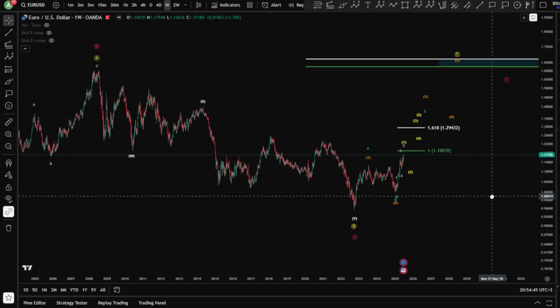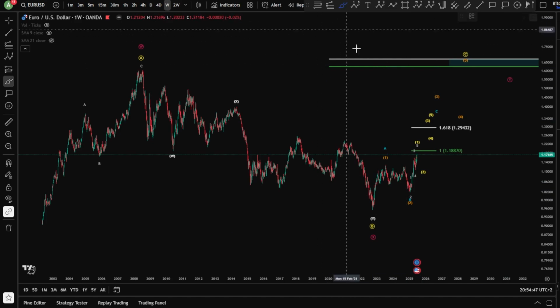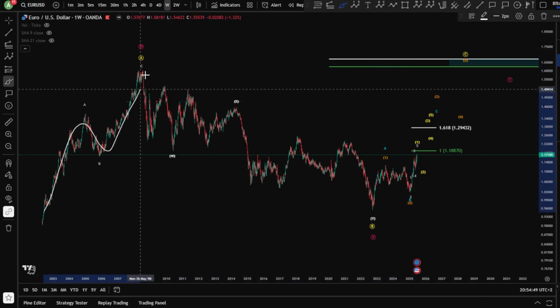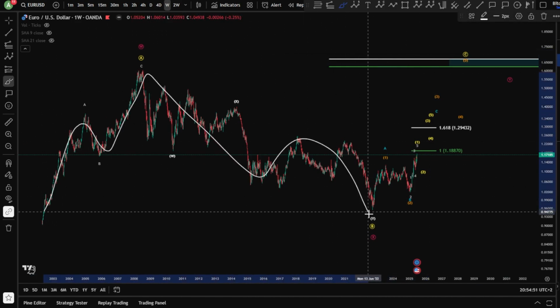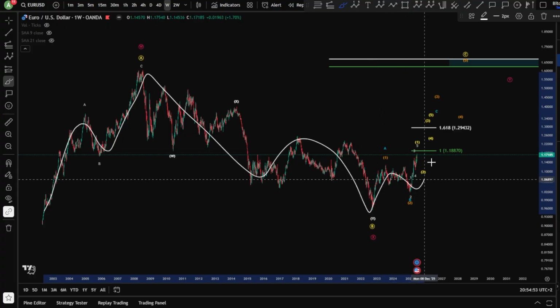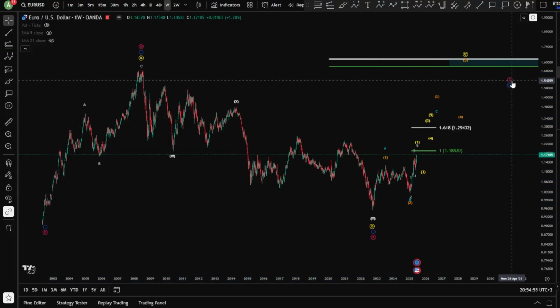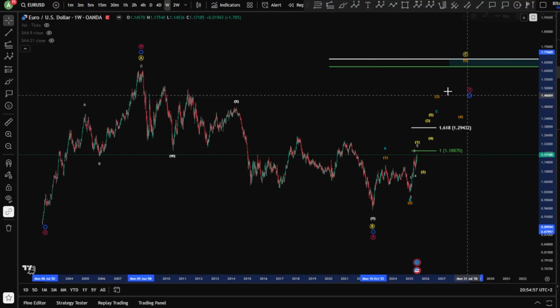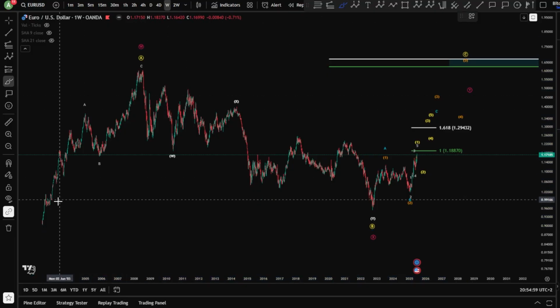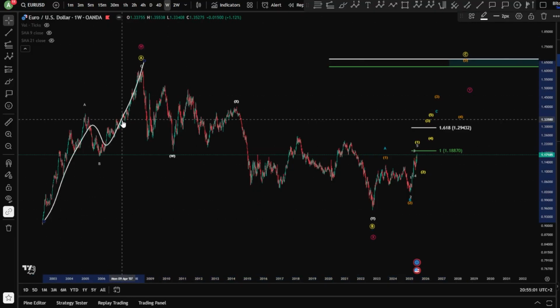In case that we are in WXY, a big one here as W, three waves up, three waves down for the wave X, and you're looking for a wave Y. The wave Y has to be a zigzag, and preferably it should match the zigzag over there.